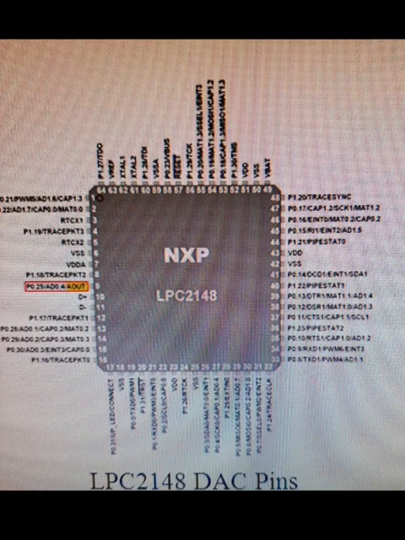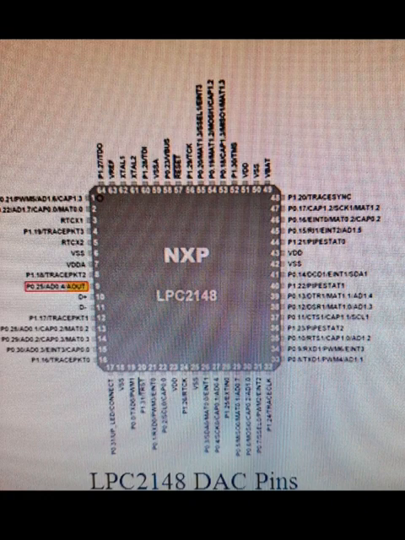That means this field contains the 10-bit digital value to be converted into the analog voltage. We can get the analog output voltage at the AOUT pin calculated with the formula value divided by 1024 into VREF.